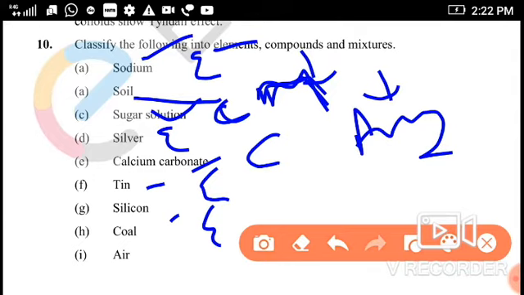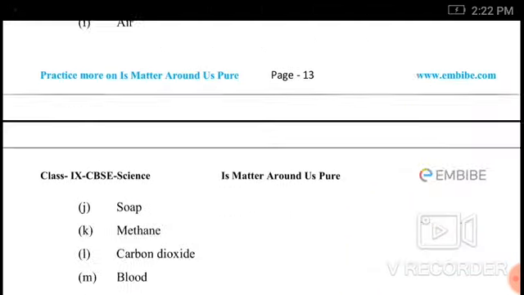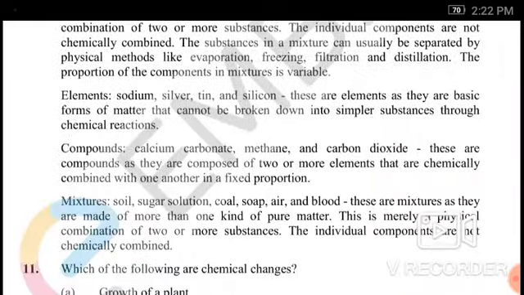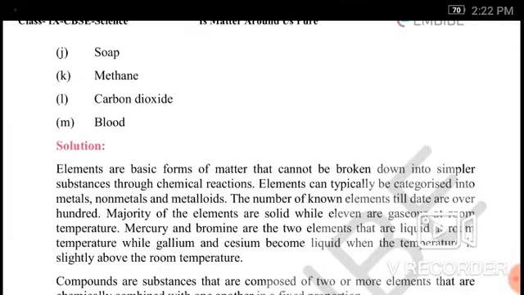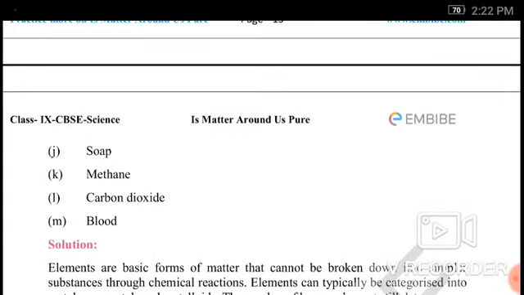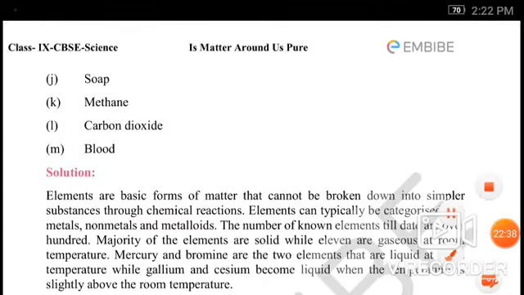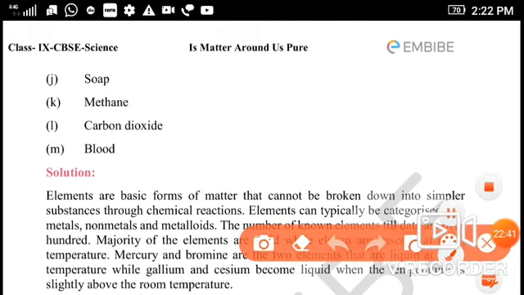And then coal and air are mixtures. Let me confirm coal once more.